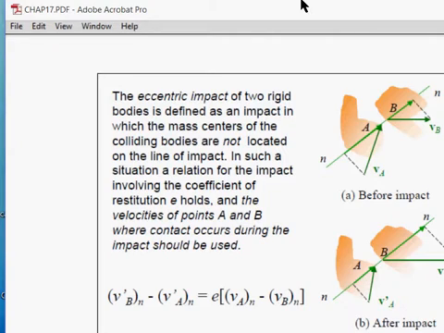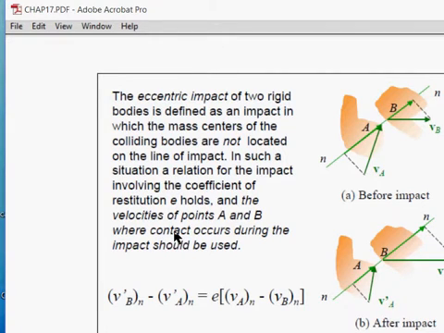VB prime minus VA prime divided by E times the velocity of A with respect to n minus the velocity of B with respect to n. Okay. So do you see that letter E in between there?